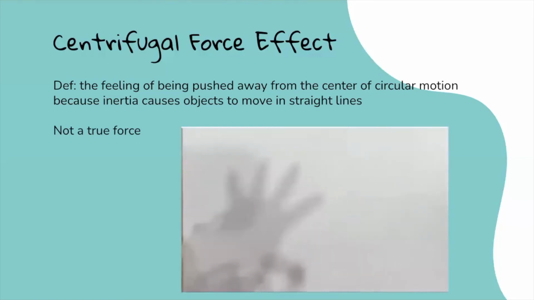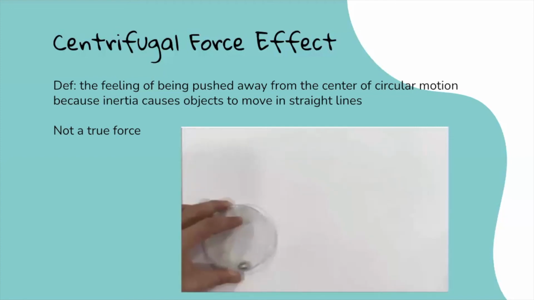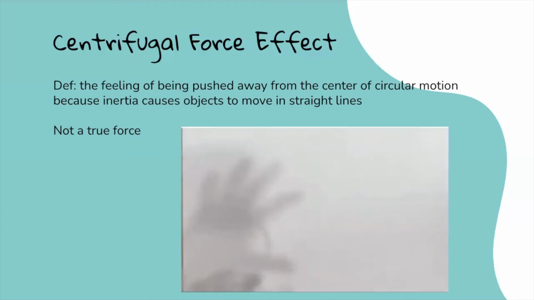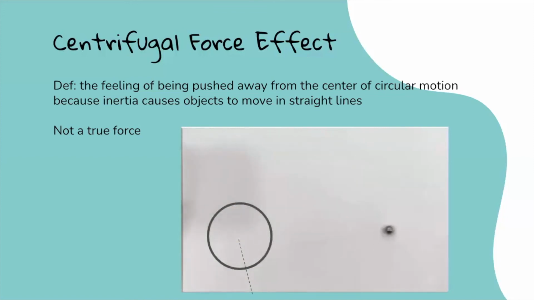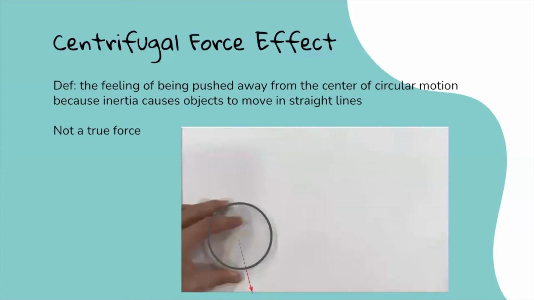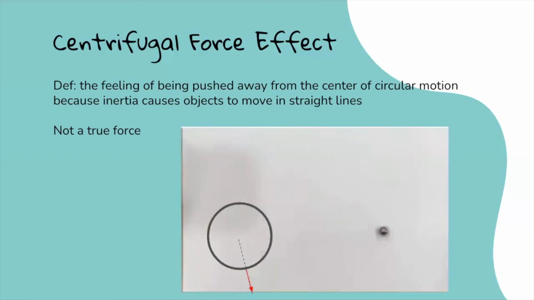So let's take a look at this example. This person spun a glass around with a marble in the center. We can see the circle, and let's see the path it took. If it took a centrifugal path, it should go away from the center of the circle, but it doesn't.